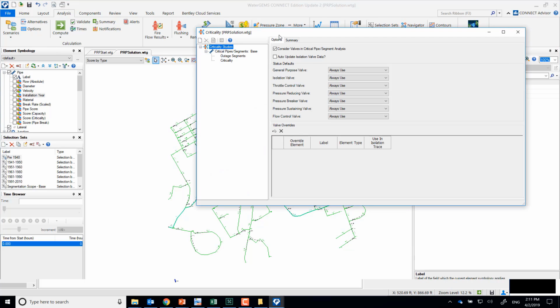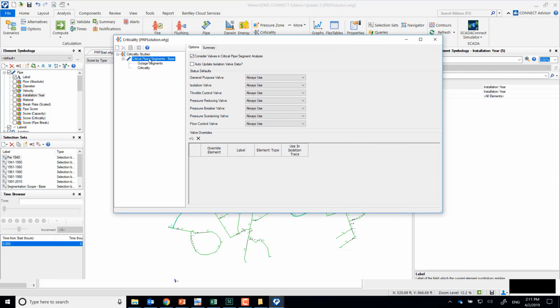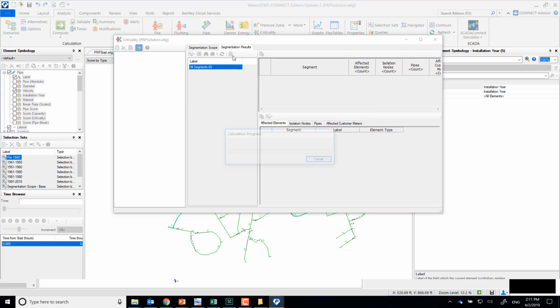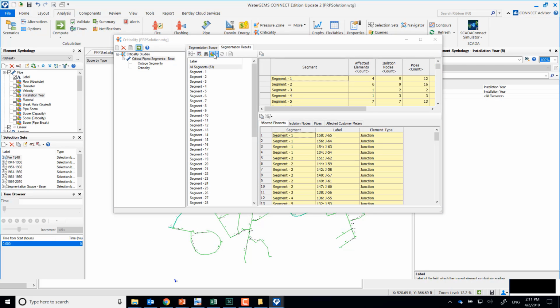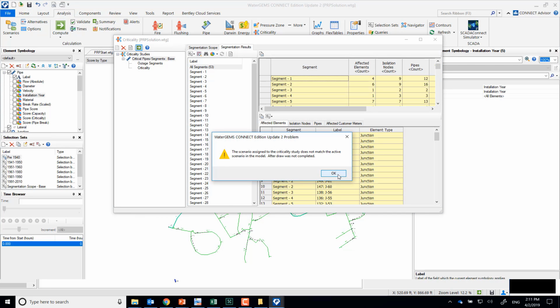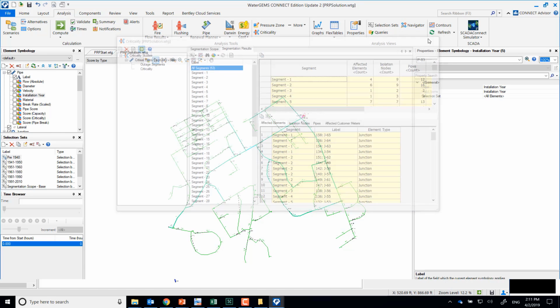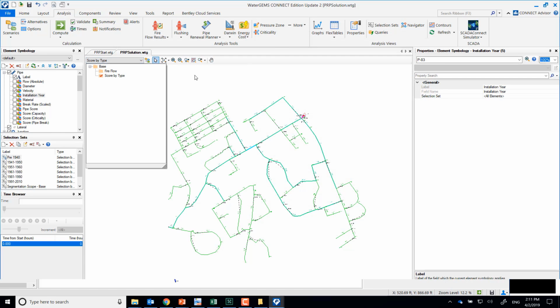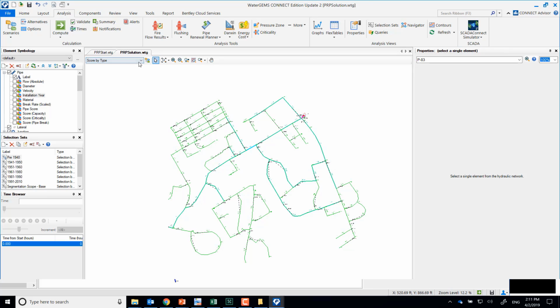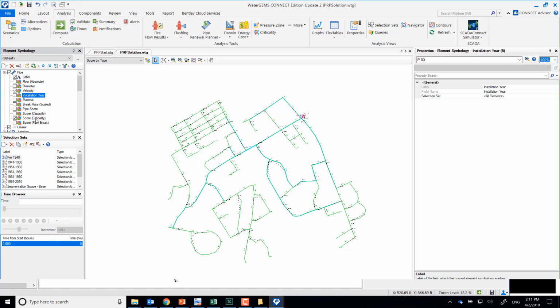So we ran a criticality to see what were the most critical segments. And let me move to the right scenario. Actually, since we have kind of not that much time, I'm going to quickly show the results. Let me turn the velocity off.